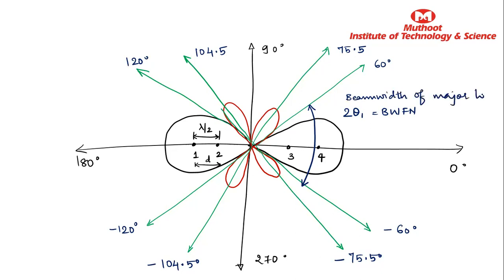So let's look quickly. In the last part, we will be studying about, or we have to include this in the design question of end-fire array, major lobes, right? So what is this beam width?